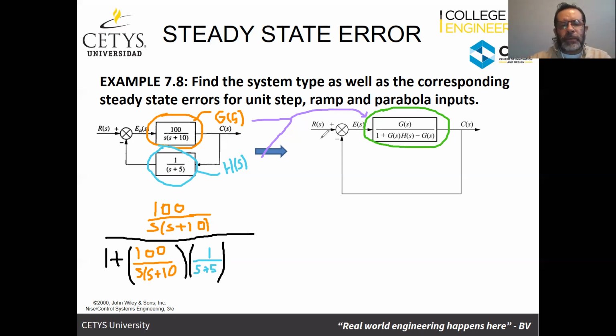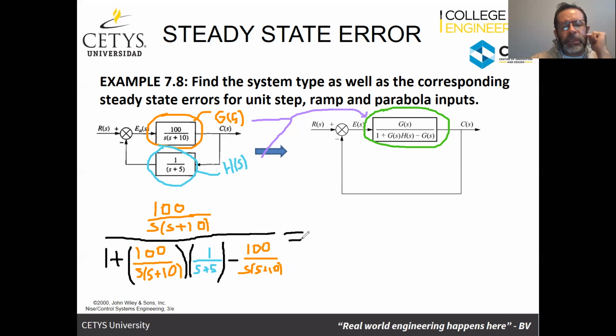Minus G of S, 100 divided by S times S plus 10. Okay, that's going to generate the new forward transfer function that we're going to need for the system.